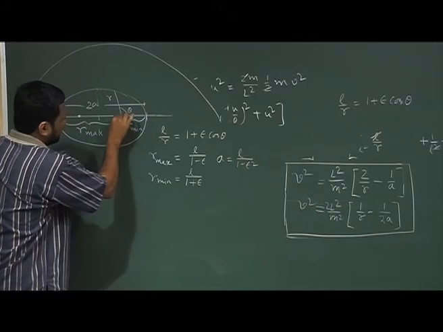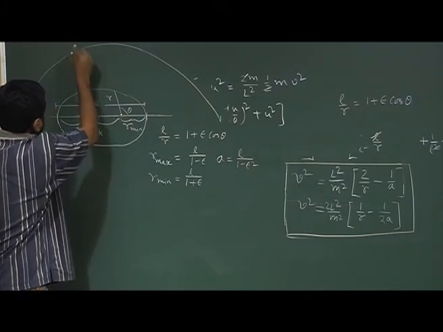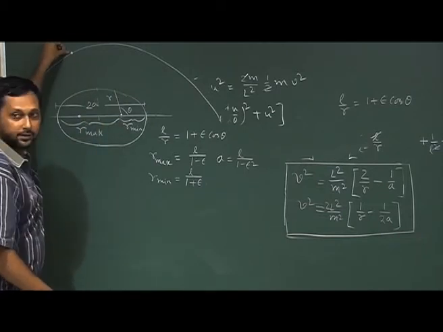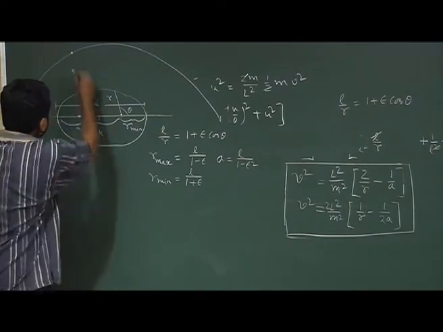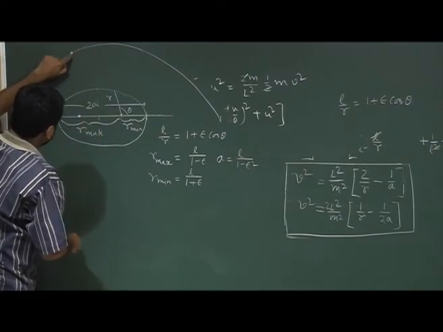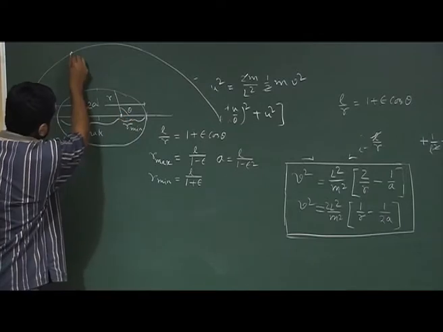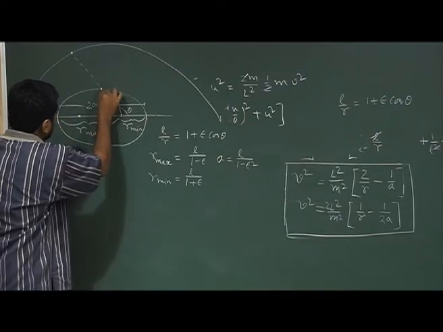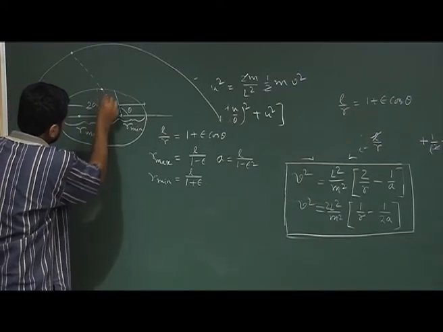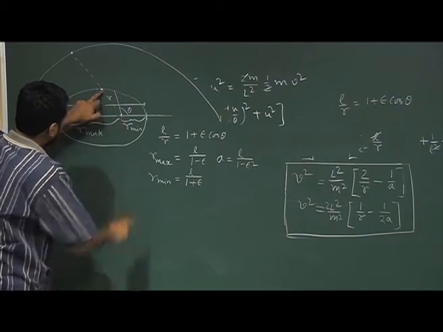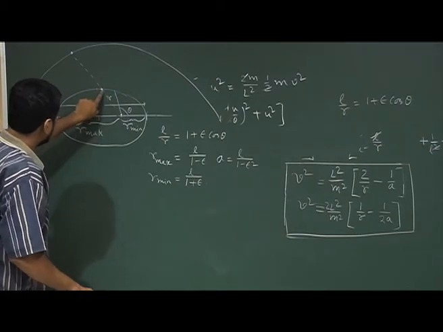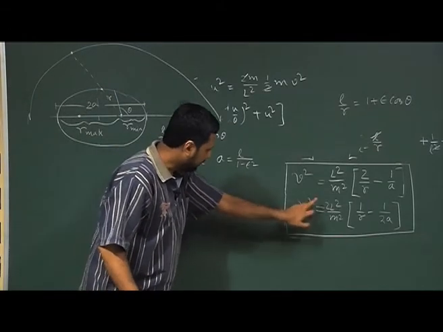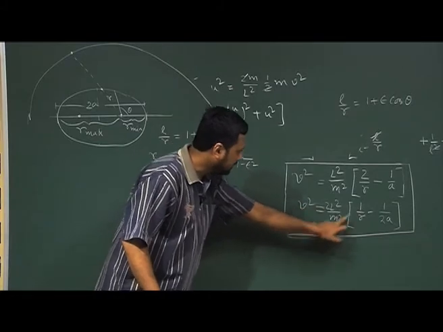Now, think of it this way: when your mass point is here on this big circle, stationary, you allow it to drop. There is a force center here, so it will be attracted towards this force center. By the time it reaches this position, which is a valid location on the orbit, it will attain a velocity v, which is given by this particular relation.